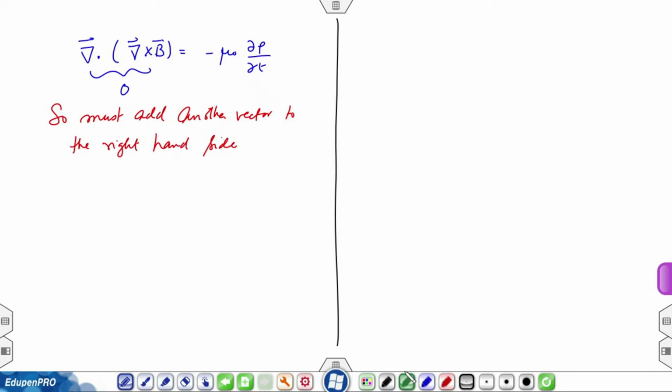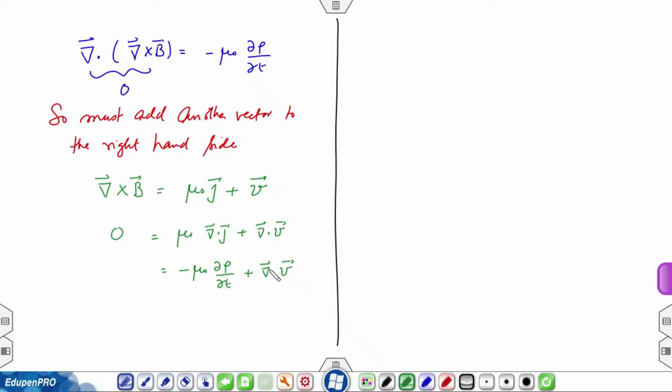So, let us write curl of B is equal to mu naught j plus another vector, let us say V. And what we should have is, if I take the divergence, 0 equals mu naught divergence of j plus divergence of V, and this is minus mu naught d rho by dt plus divergence of V. So, divergence of V is going to be equal to mu 0 d rho by dt.